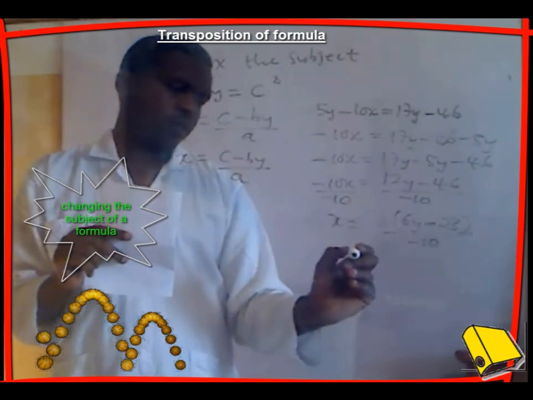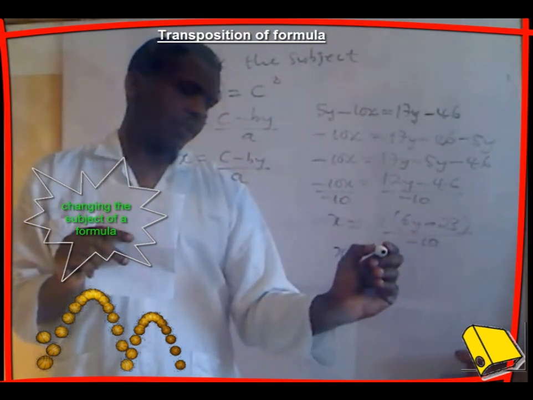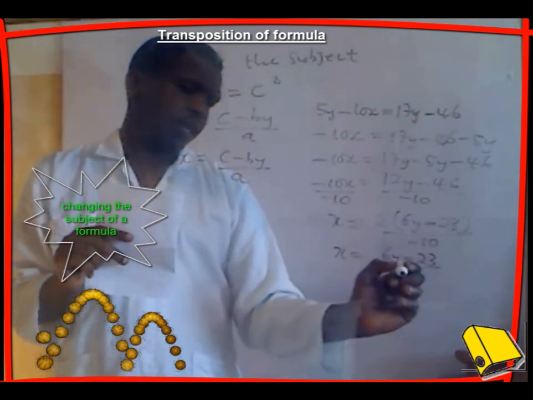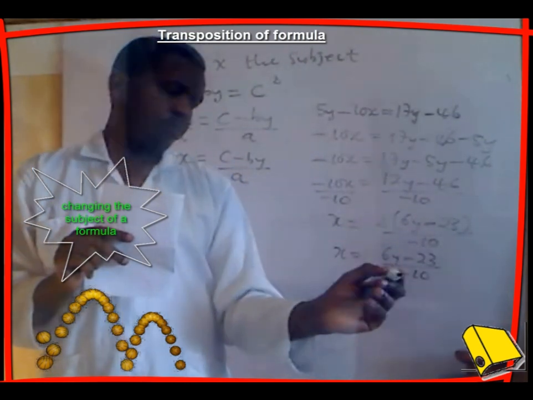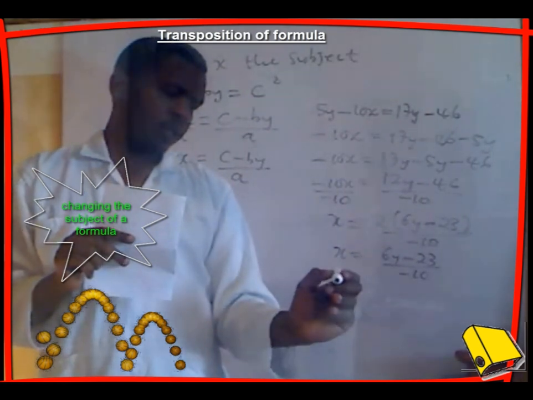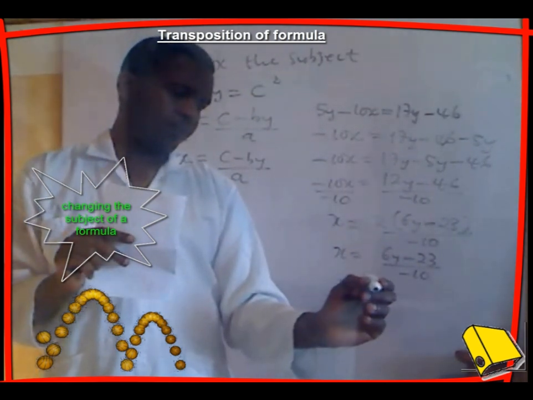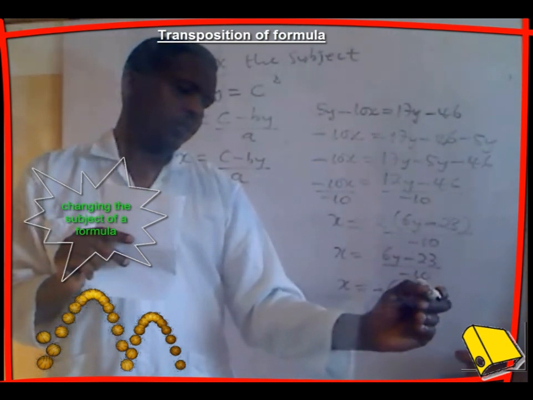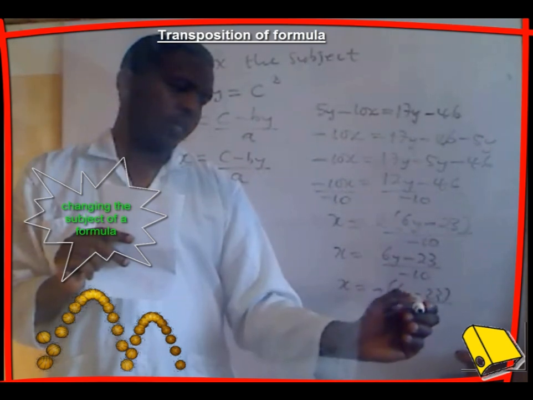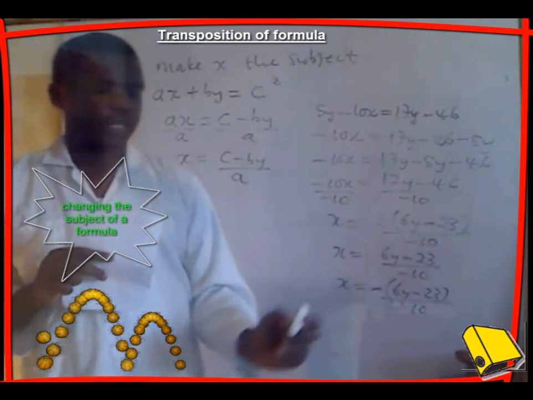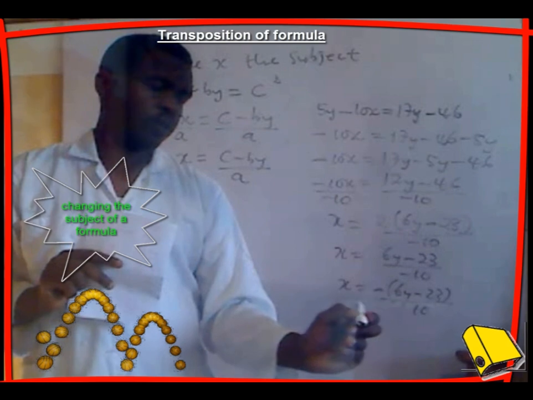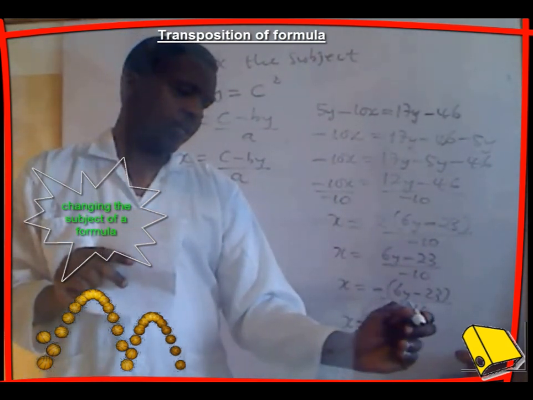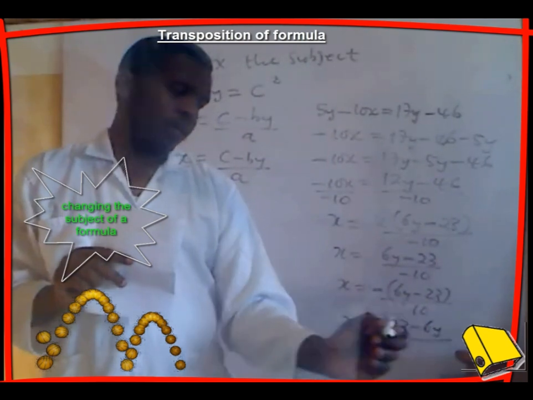So x will be equal to 6y minus 23 all over minus 10. You can put a minus in front here. So x will be equal to minus in bracket 6y minus 23 all over 10. To make the answer look more presentable, we say x is equal to 23 minus 6y divided by 10.